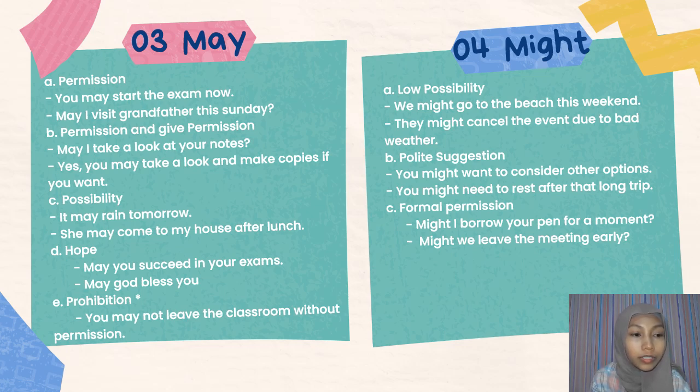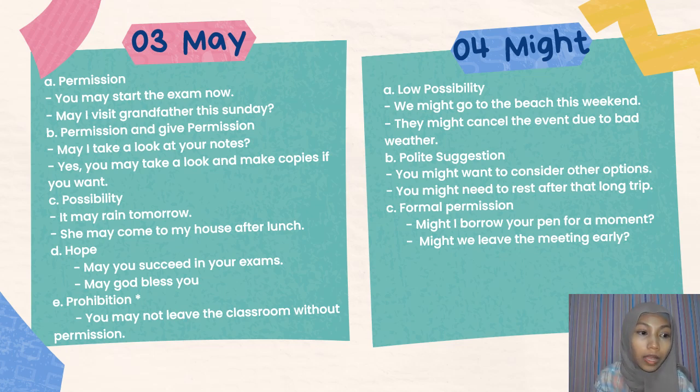May is used in the form of hope or prayer, especially in formal sentences. For example, may you succeed in your exam. May God bless you. Prohibition. For example, you may not leave the classroom without permission.